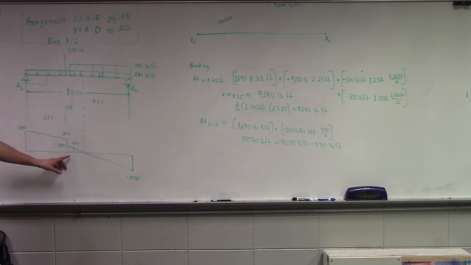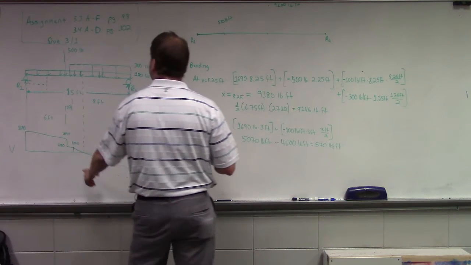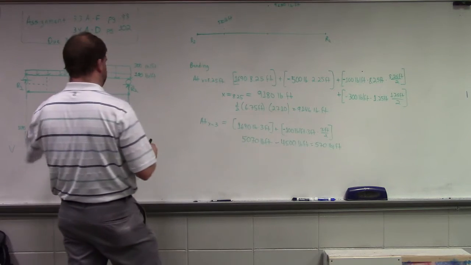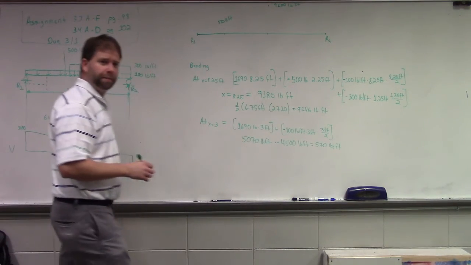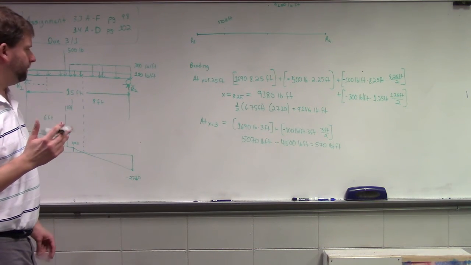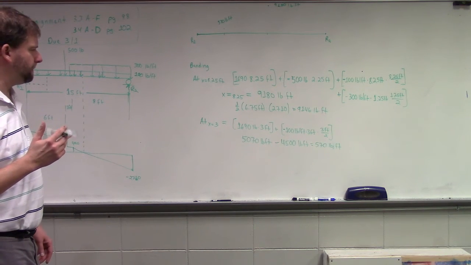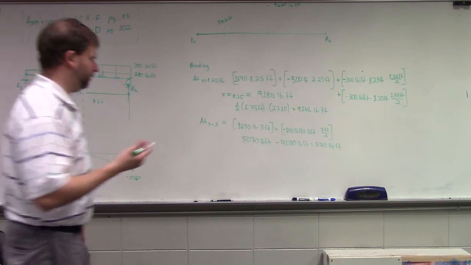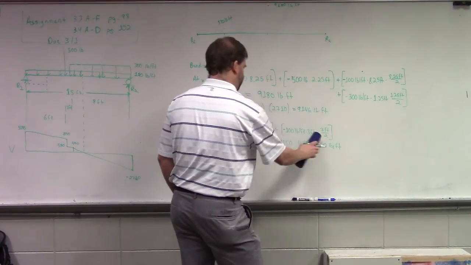Maybe look at x equals 7.5 feet? Let's see what's going on. Wait, what'd you get? No, sorry, x equals 7 feet. What's that? 570? What'd you get? 4620. That's what I got. That's 300 pounds, right?